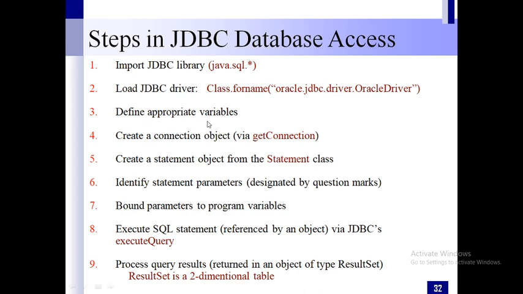And then define appropriate variables. After defining the variables, create the connection object using the getConnection method. Once the connection is established, create the statement object, like the prepared statement you are writing. Then pass the parameters. Check where you have put the question marks, and for each question mark you have to bind the program variable, that is, pass the variable value.